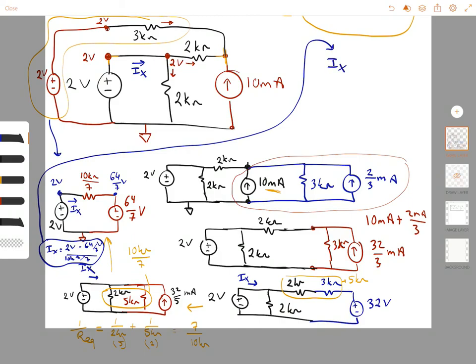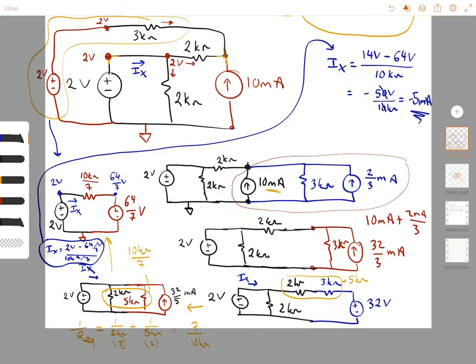That gets me Ix equals 14 volts minus 64 volts divided by 10 kilo ohms. That is minus 50 volts over 10 kilo ohms. That is equal to minus 5 milliamp.